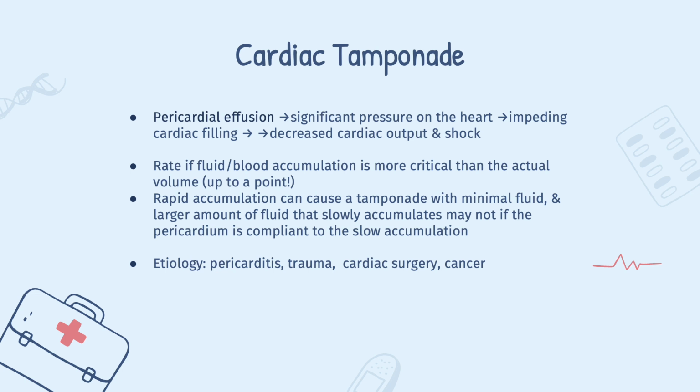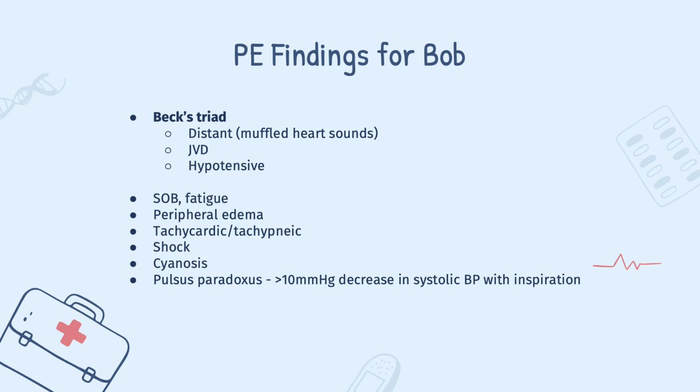So etiology: pericarditis is often associated with tamponade. Our trauma patients, cardiac surgery, and cancer are all etiologies here. Now our physical exam findings. Remember Beck's triad: you have a patient who's got distant or muffled heart sounds, JVD, and hypotension.